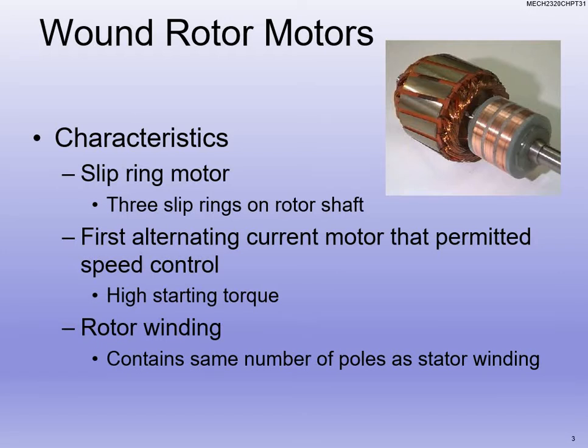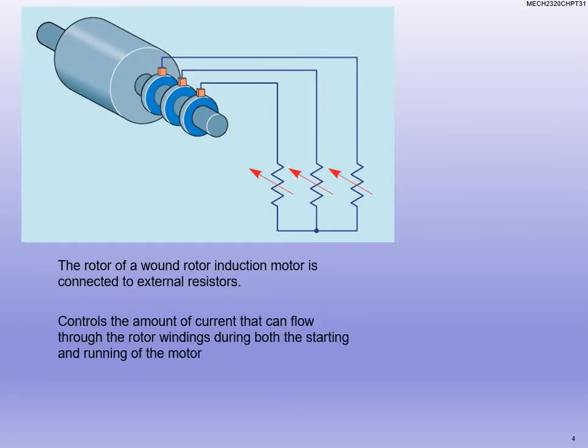But when we talk about the rotor winding here, on the wound rotor, it contains the same number of poles as the stator. So the number of poles in the rotor, the rotational piece, is the same as the stator, the outside, the stationary piece. Now we are able to start these up. We use the variable resistor method.